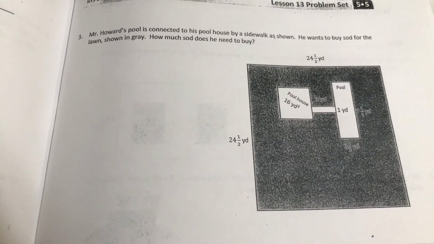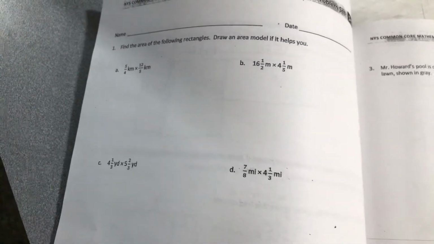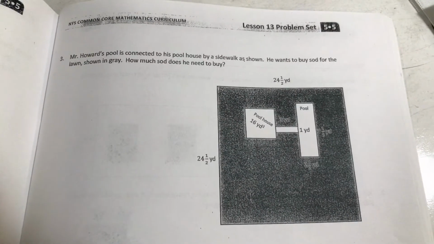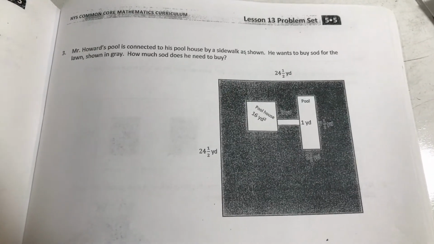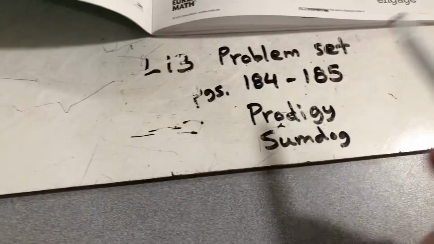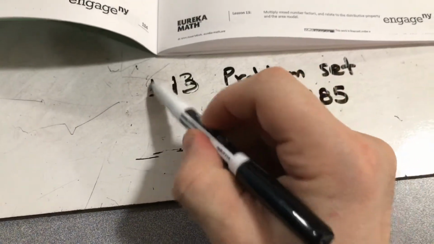All right, kiddos. That's your problem set. You have number 1, which includes 4 area problems. You have your number 2, which is your quilt. And then you have number 3 with Mr. Howard and his pool house, and the area surrounding it. Those 3 problems, and once again, you can see it's kind of erased there a little bit.